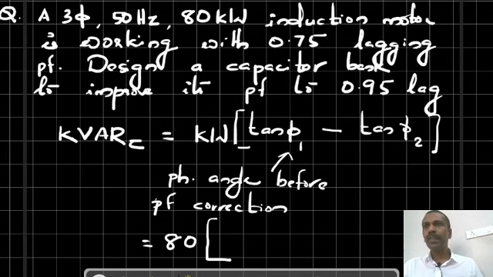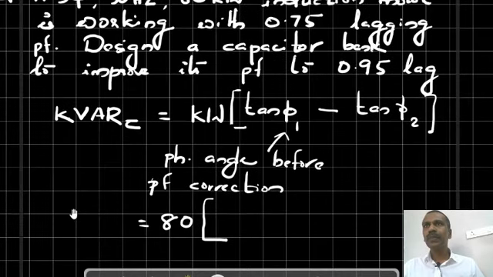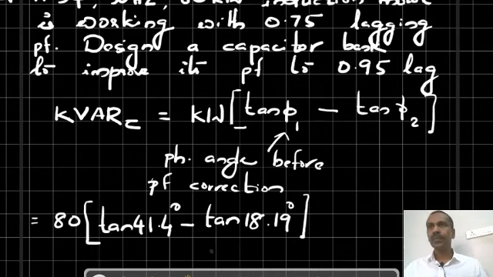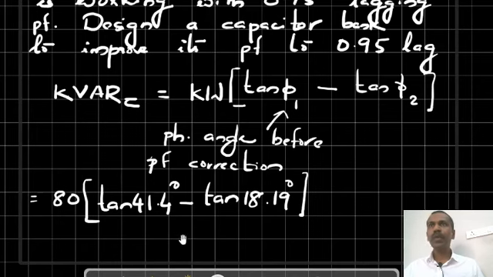here the tan phi 1 is the tan of the angle corresponding to our initial power factor 0.75. Tan phi 1 is equal to tan 41.4 degrees and tan phi 2 is equal to tan 18.19 degrees. What is the initial power factor? 0.75. We need to improve it to 0.95.